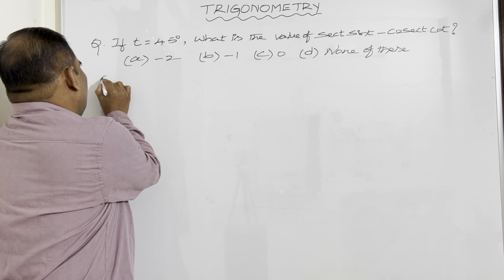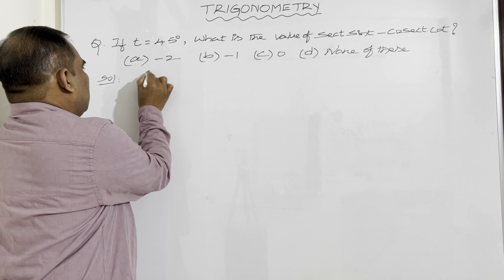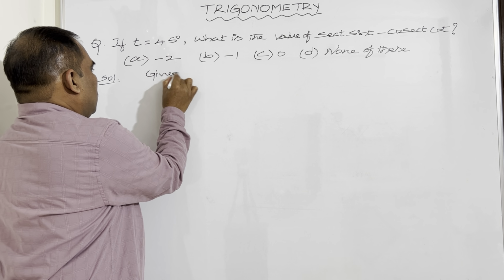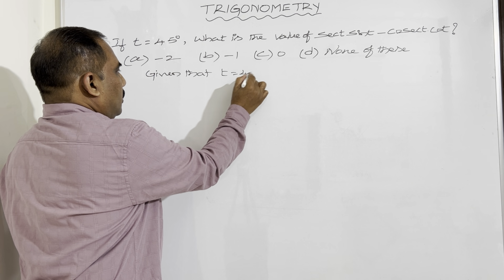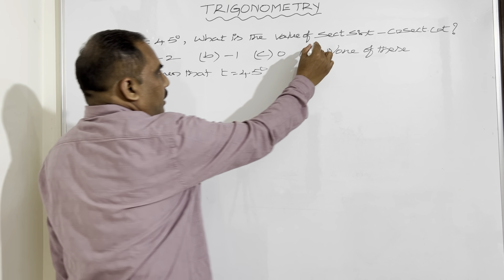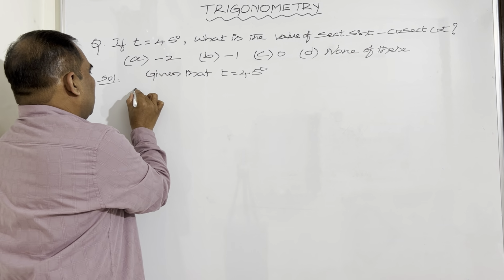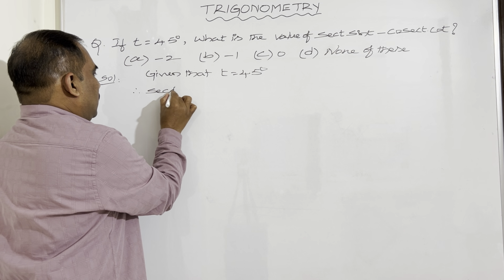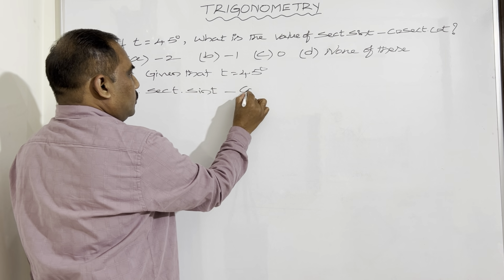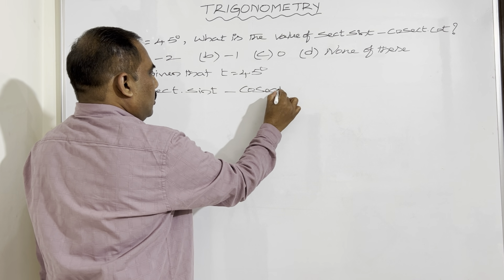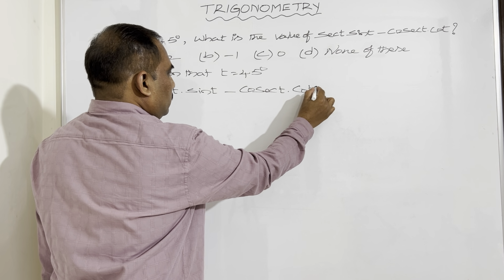Given that t is equal to 45 degrees, what value do we have to find? Secant t into sin t minus cosecant t into cot t.